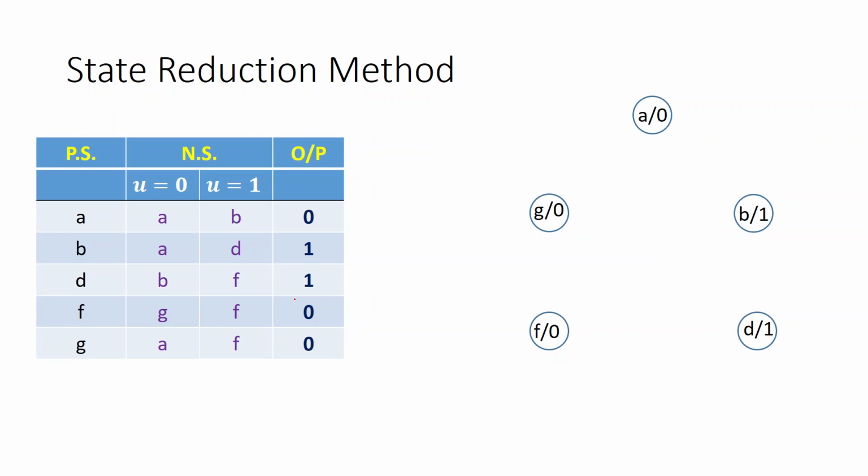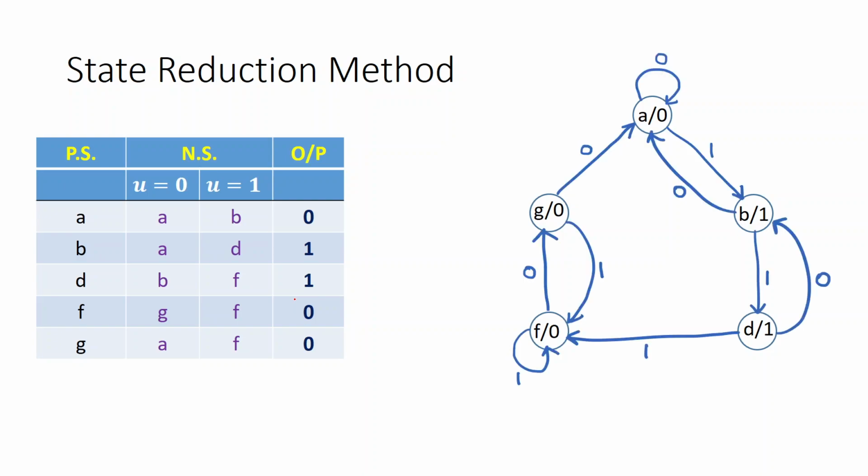But the thing is that there were 2 redundant states which we have been able to reduce. So now we can again draw up the state diagram. So this actually simplifies your problem a lot, and sometimes you will see that you can also reduce the number of flip-flops required. So when that is the case, then it also becomes an economical circuit.